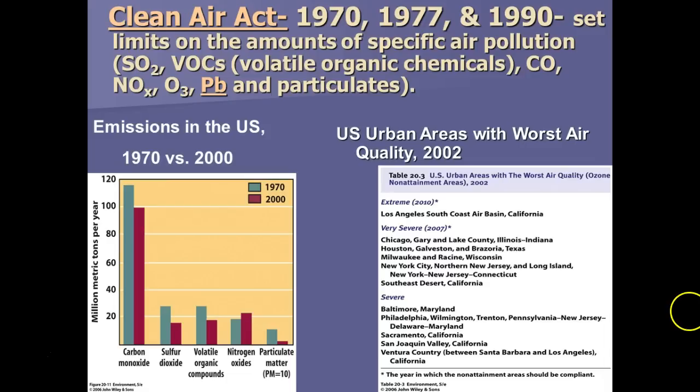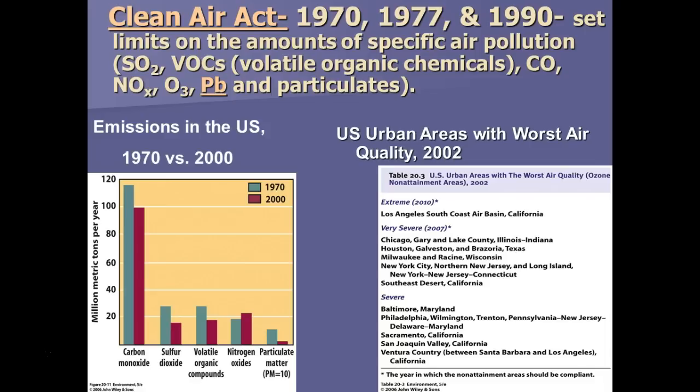The date of the Clean Air Act, 1970, is the original date. I know when some of you were doing your projects, you came up with earlier dates of the Clean Air Act, but it didn't really have any meat to it. It didn't really keep anyone from polluting the air until 1970.